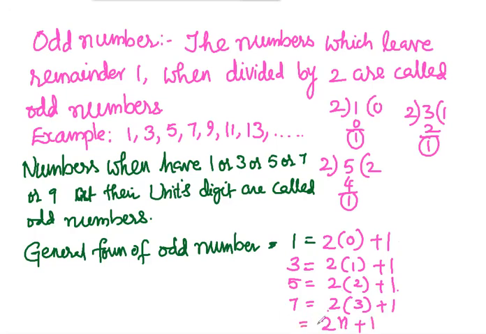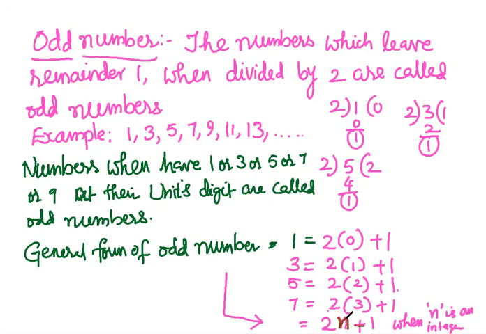So this is the general form of odd numbers, 2n plus 1, where n is an integer. In this way, we can write the general form or pattern of odd numbers. The pattern of odd number is 2n plus 1.